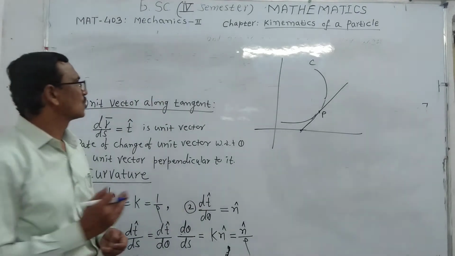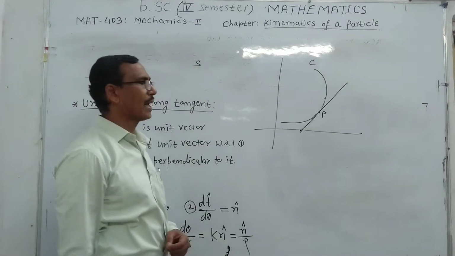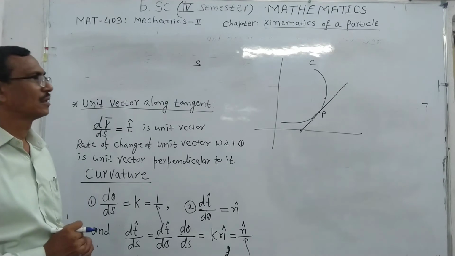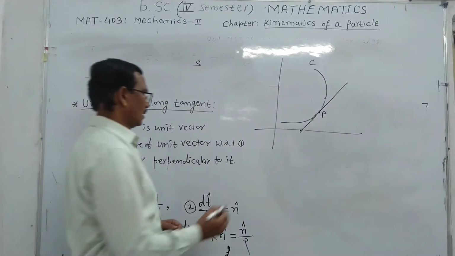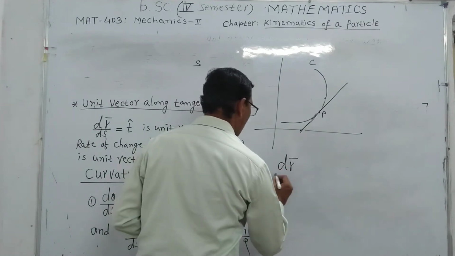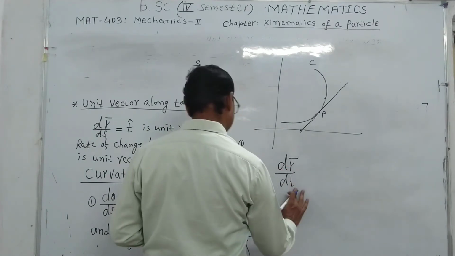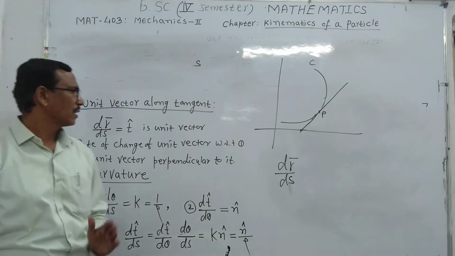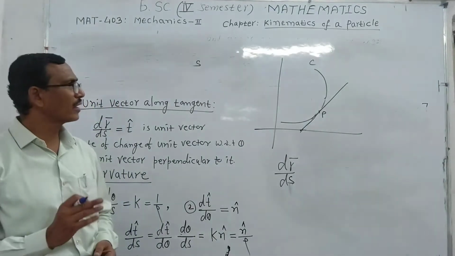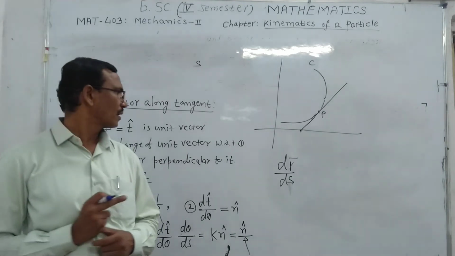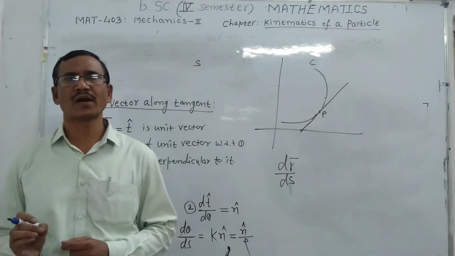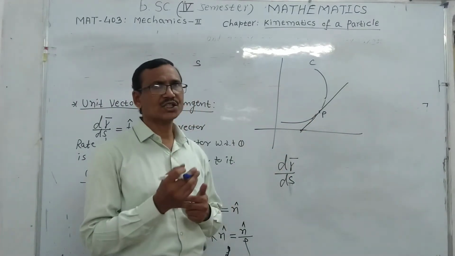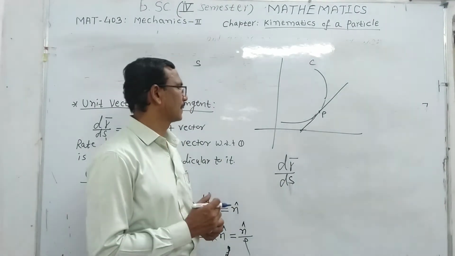If we consider small s as the arc length and r bar as the displacement, then dr bar by ds is called a unit vector along the tangent at point P, where r bar is the displacement and s is the arc length.